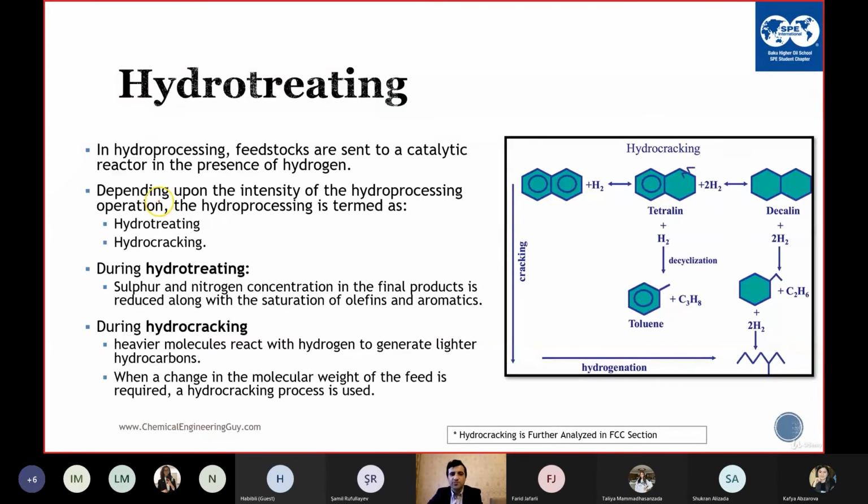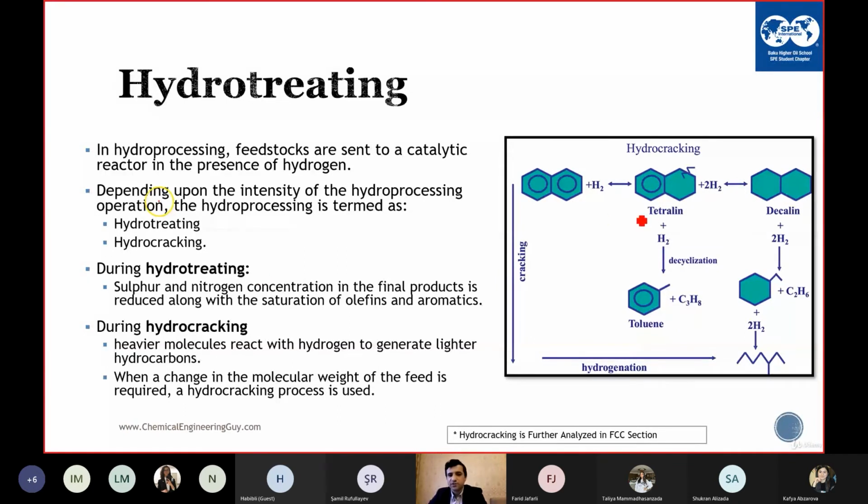In hydroprocessing, we have hydrotreating and hydrocracking. During hydrotreating, sulfur and nitrogen concentration in the final product is reduced, along with the saturation of olefins and aromatics. In hydrocracking, the molecules are first cracked into smaller hydrocarbon molecules, then hydrogenation happens to produce hydrocarbons with a smaller number of carbons.